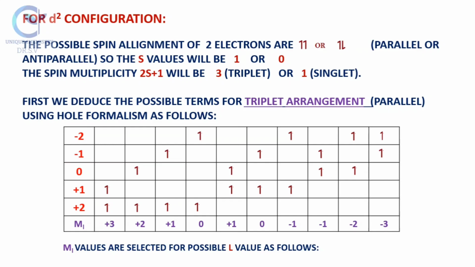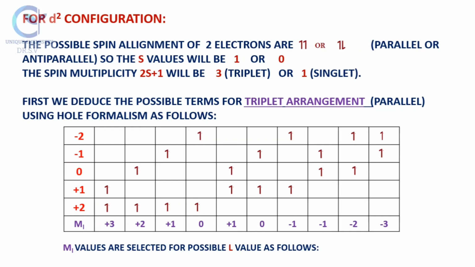Now we see for the d2 configuration the possible spin alignment of 2 electrons. The 2 electrons can be aligned in parallel spin or anti-parallel spin as given. So the S value will be 1 for parallel and 0 for anti-parallel.